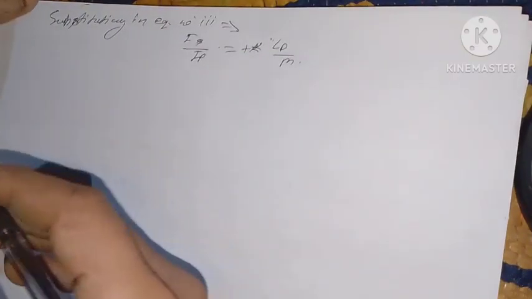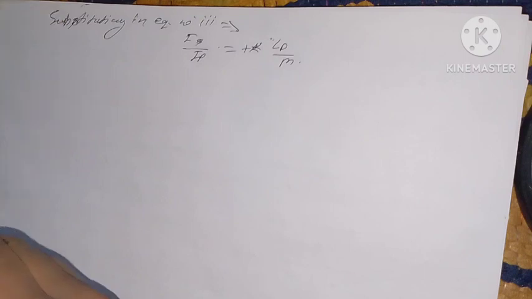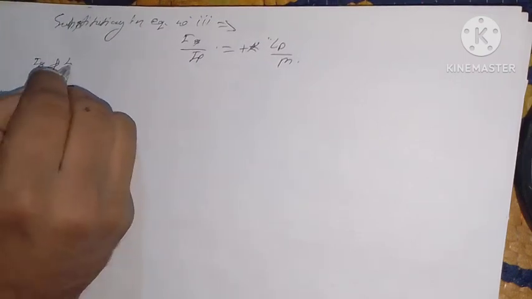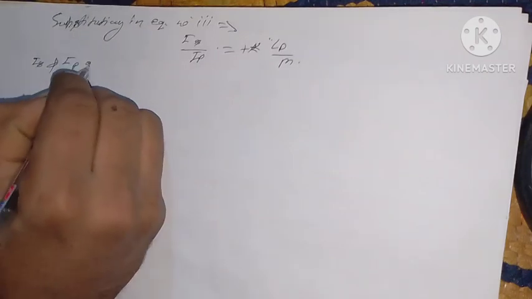It is clear that the right hand side of the above equation is positive, so IS and IP are in phase.